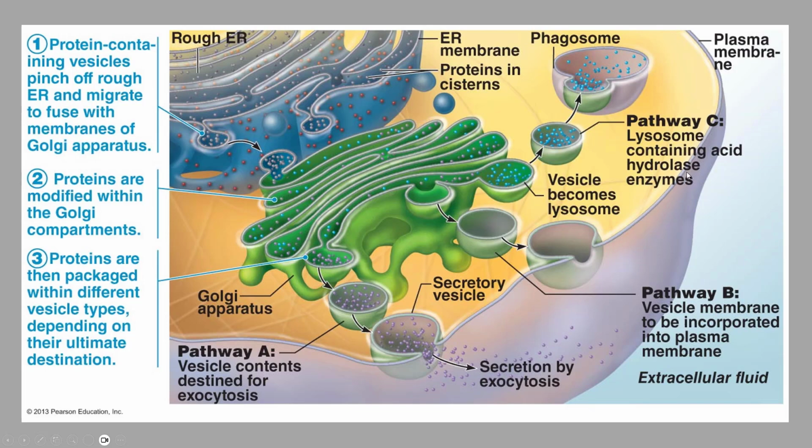Remember all those proteins in the plasma membrane that we looked at? Well, they came from the rough ER. They were packaged, they were sent to the Golgi, they were modified, packaged again, sent to a vesicle. The vesicle becomes a part of the plasma membrane, and now that protein is within the plasma membrane. This whole thing is called the endomembrane network.